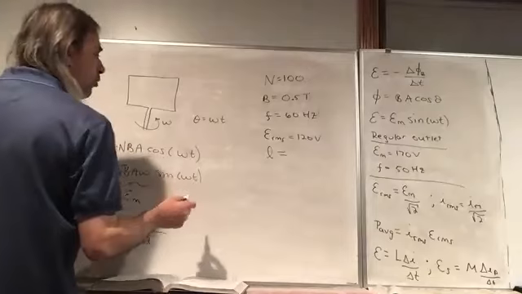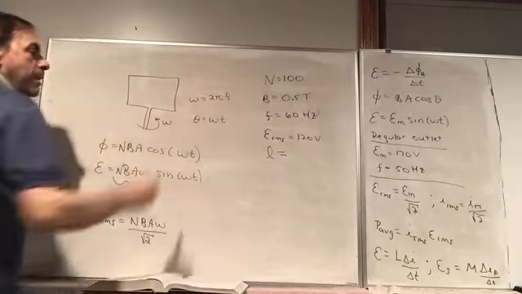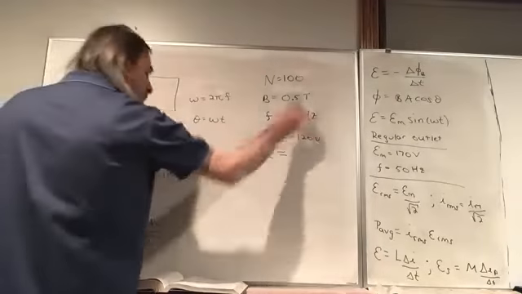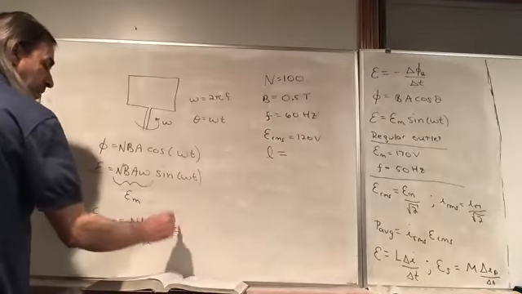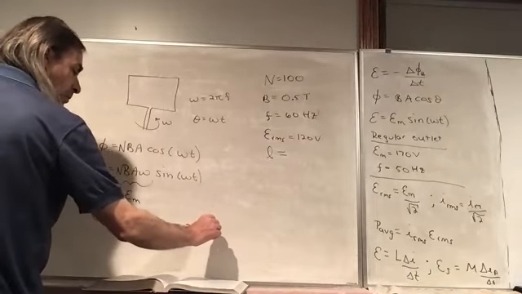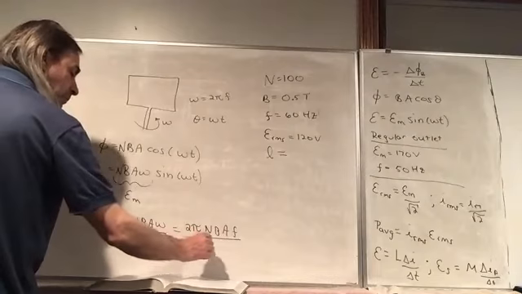Omega is equal to 2 pi times the frequency. Frequency is the number of cycles per second. Omega is the angular velocity, which is in radians per second. And there are 2 pi radians in one cycle. We're given the actual frequency, so let's replace omega with 2 pi f.